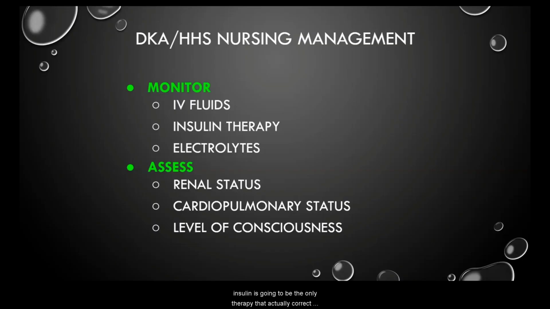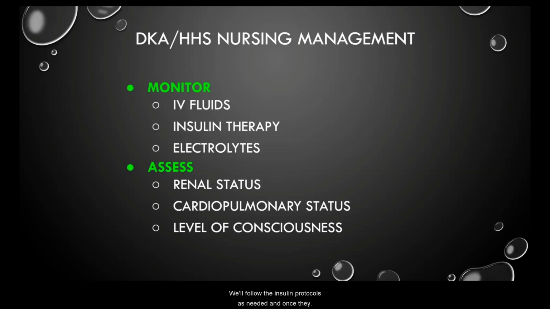Insulin is going to be the only therapy that actually corrects the metabolic acidosis in a person with DKA. Insulin therapy is still the primary intervention in HHS because they've got that severe hyperglycemia. We'll follow the insulin protocols as needed.